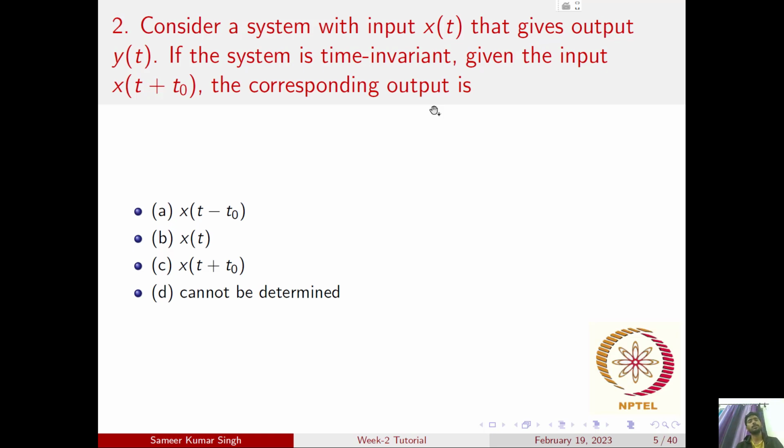If anyone has a doubt in this question, they can ask.